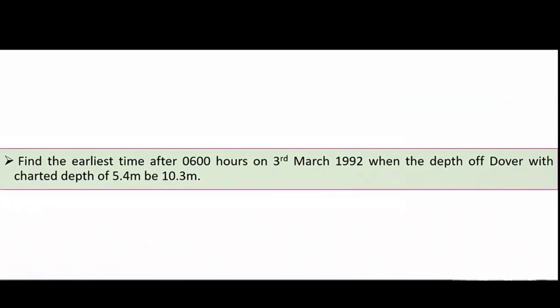I think we can now run through a couple of more examples. Find the earliest time after 0600 hours on 3rd March 1992 when the depth at Dover, with charted depth as 5.4 meters, be 10.3 meters. That means when will the depth be 10.3 meters at a place where the charted depth happens to be 5.4 meters.